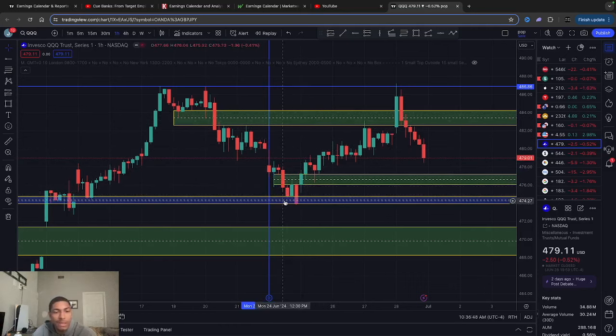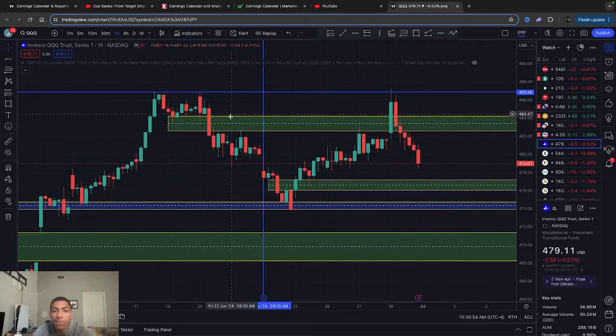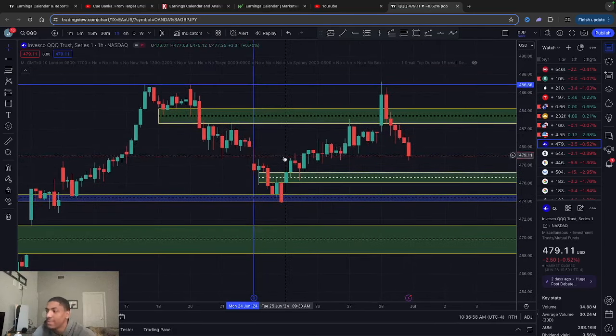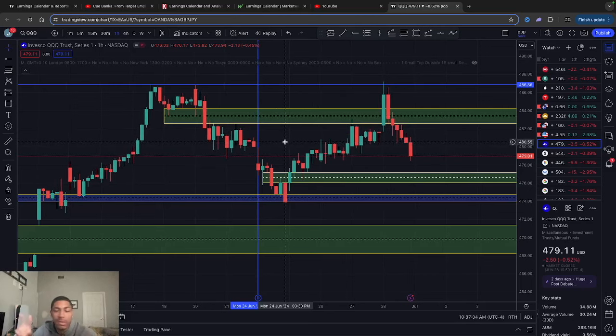If earnings is about to come out and you see price not breaking below this level and there's no imbalances to be filled, but there's an imbalance up top where you think price is going to go, but you're very unsure, most of the time price is going to push up to this level because those institutions and the government, supposedly everything is not fake and algorithmic, want price to go back up there to their price so they can get a better entry, and they can ride price and get more money.